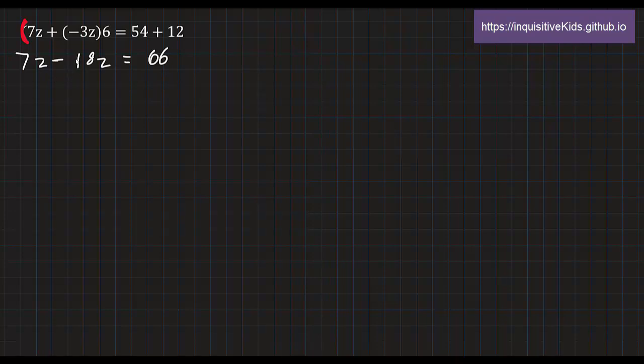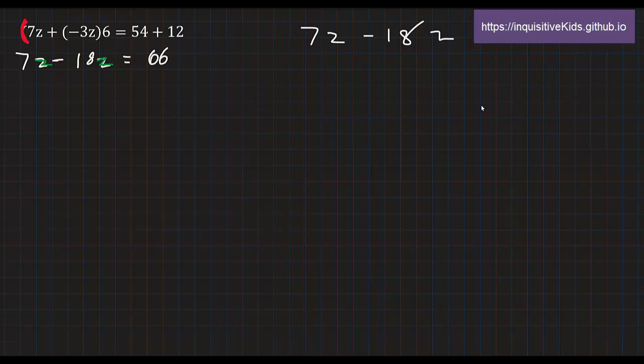As you can see, they both have z as their variable. So 7z minus 18z, let's do that separately. We still have the z because that doesn't change. And then 7z minus 18z is equal to negative 11z.